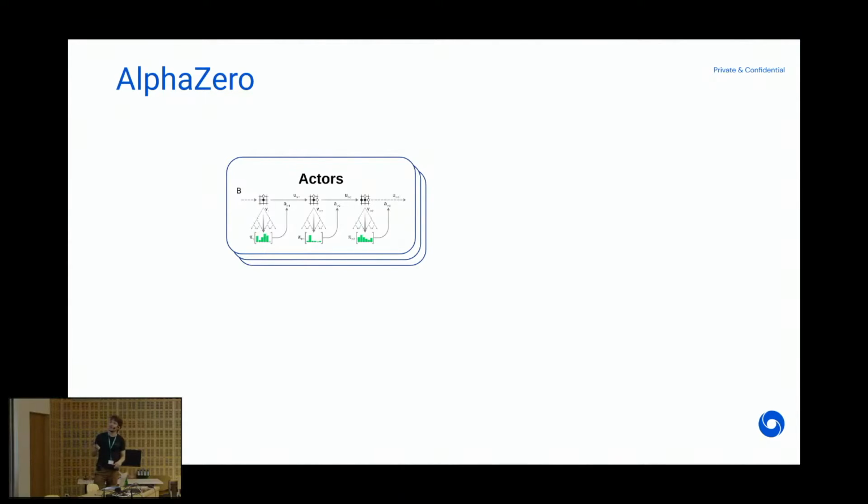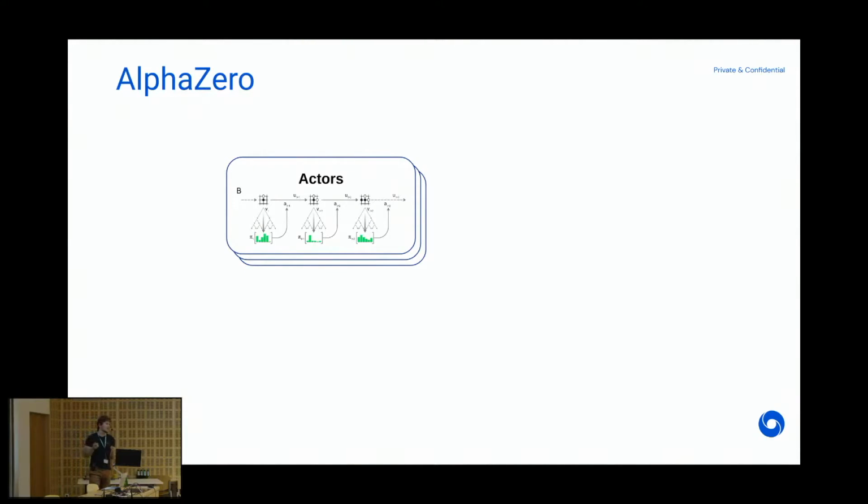What each actor does, it starts with the initial state of the game, so in our case the matrix multiplication tensor, and then it needs to decide what is going to be its first move. So the first move will be deciding on these 3 vectors u, v, w.